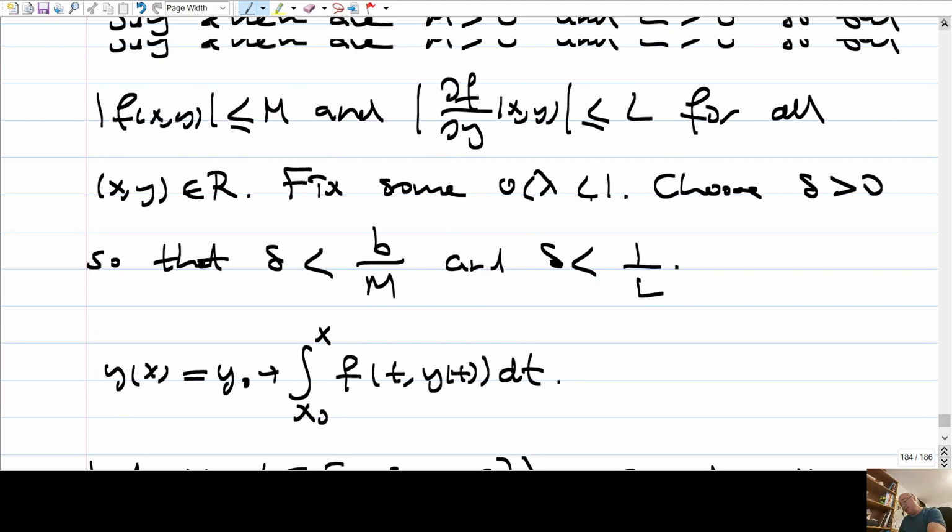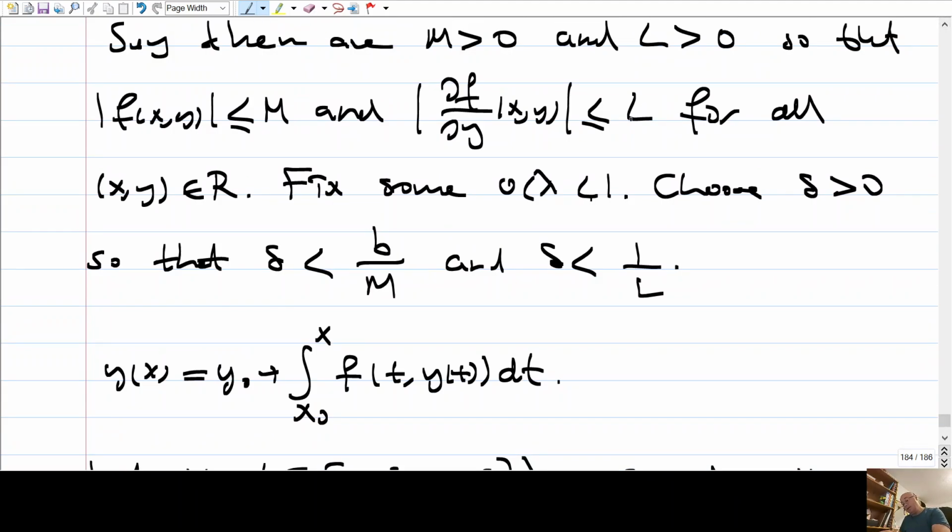Yeah, that derivative was less than L, and L times delta was less than 1. No, no, no. I should choose this to be lambda.